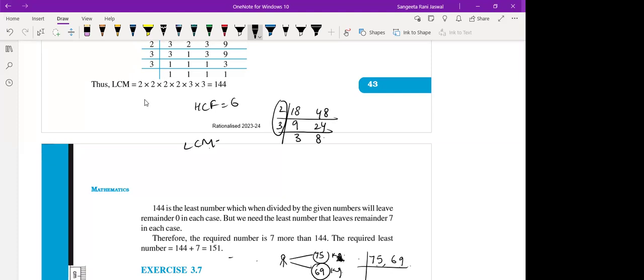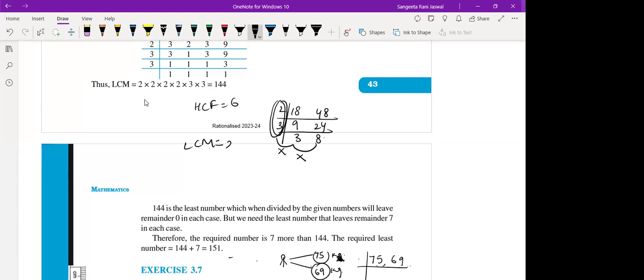But the smallest of all the common multiples is called the least common multiple. So when I'm finding the LCM, I will take the HCF factors and I will multiply these also.